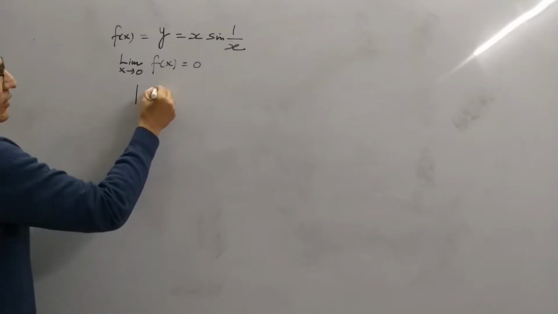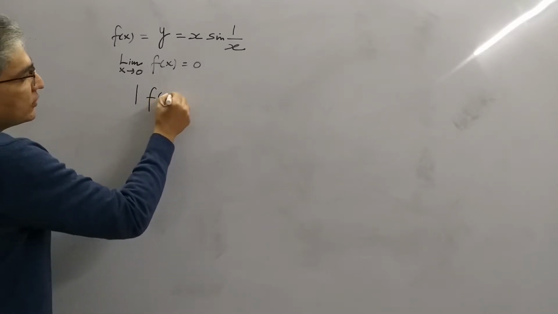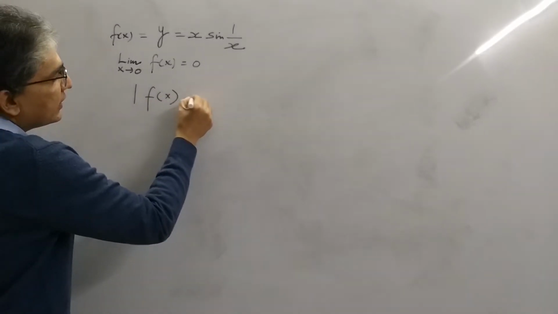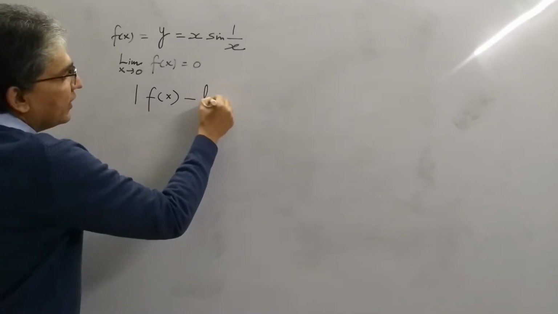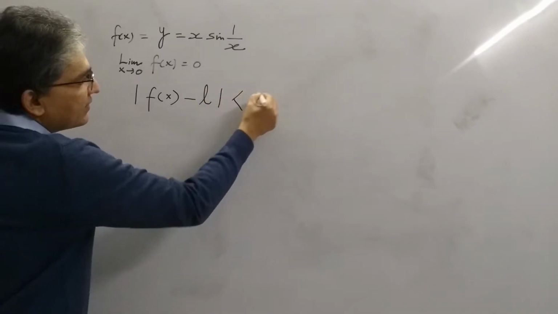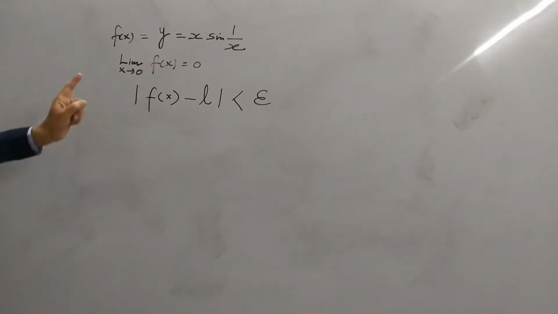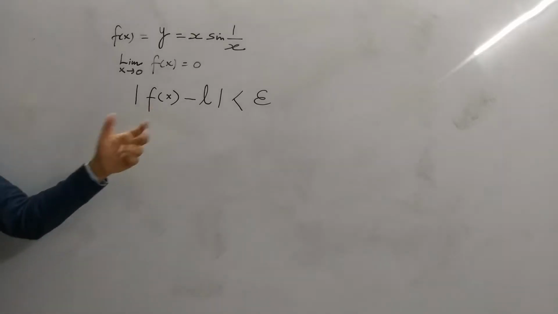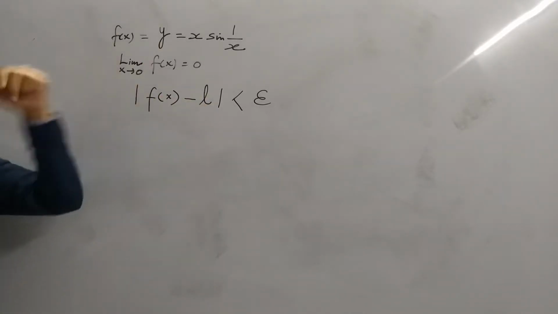I told you that the function should deviate from the limit by less than epsilon. Now, let us allow the function to deviate from the limit by epsilon. Can we find a delta? If we can find a delta, then it's okay. If we can't find a delta, then there is a problem.